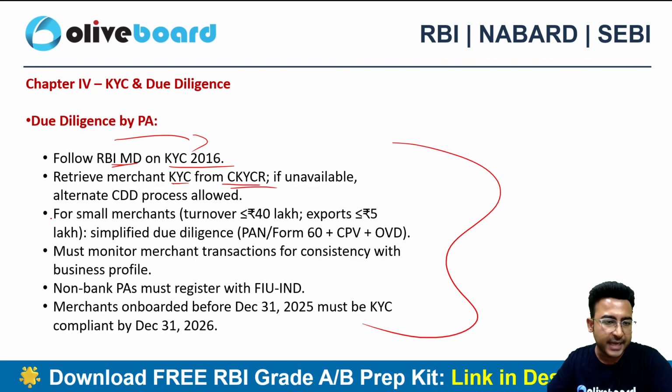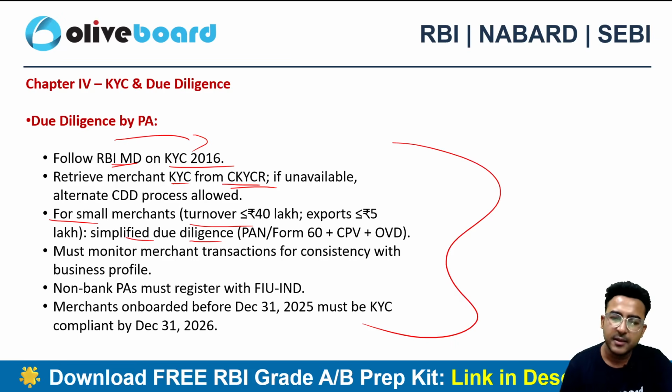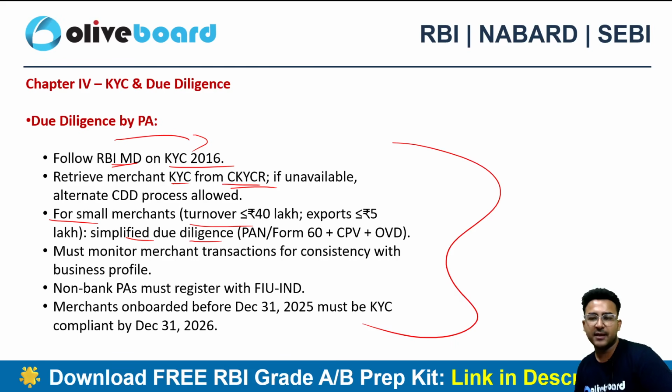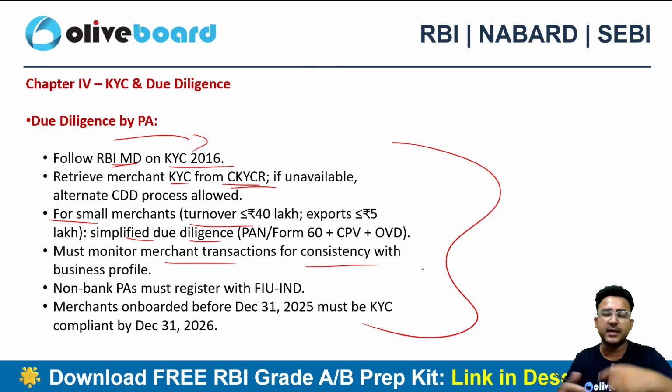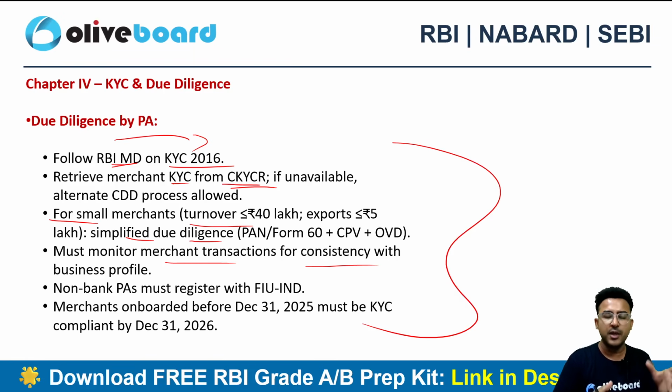There is a criteria as well for small merchants, like having a turnover of less than 40 lakhs or exports of less than 5 lakhs. There is a simplified due diligence criteria as well, right? That can be done via Form 16 or PAN, plus the CPV, right? Physical verification that we just discussed. You need to continuously monitor the merchant's transactions for consistency with the business profile, like what is the business profile of the merchants and whatever transactions are going on, you need to definitely monitor the consistency.